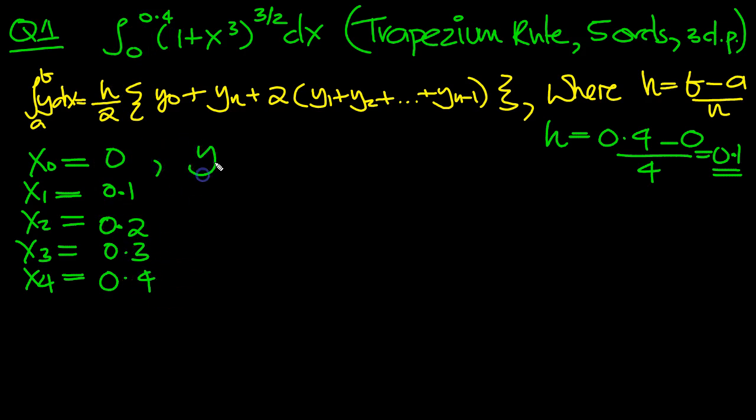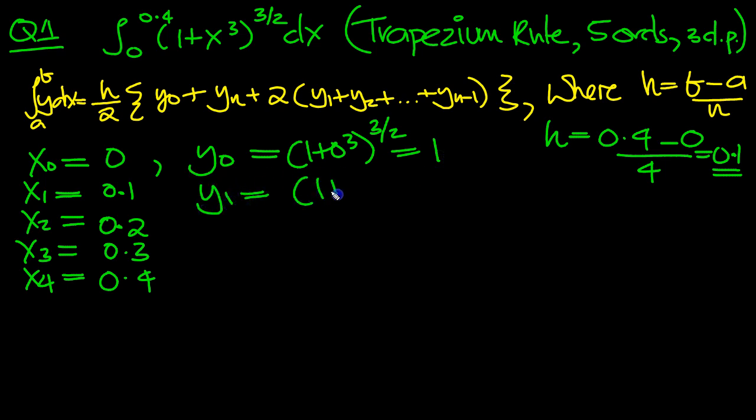So if x0 is that, put 0 into our formula here for the integral value. The integrand here, 1 plus 0 cubed to the power 3 over 2. That's 0, so it's 1 to the power, which is just 1. Then y1. So we need to just repeat this same process.